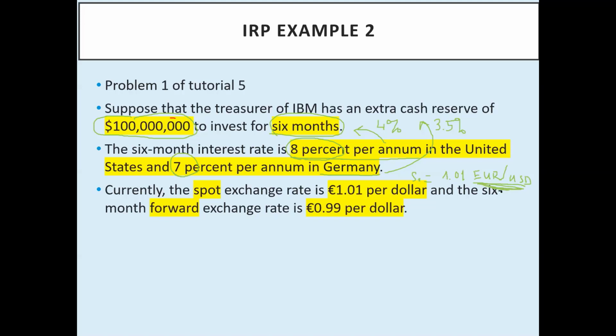This is the value of the USD in terms of the euro. Now the 6-month forward rate is 0.99 euro per USD. So here my forward rate is going to be 0.99 euro per USD. Okay.